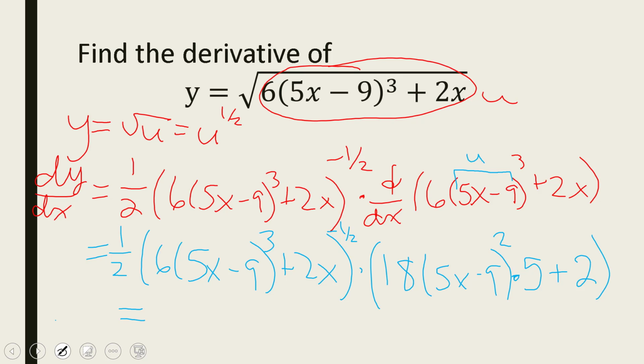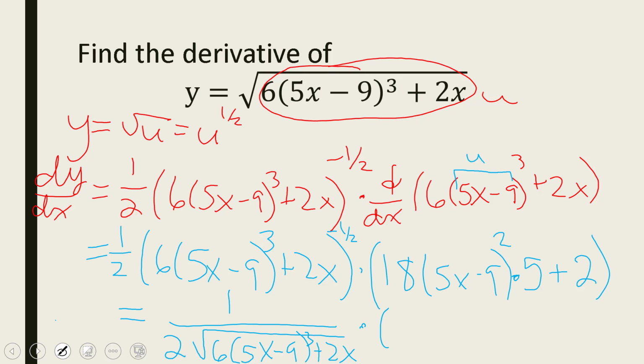All right, so we're going to have 1 over 2 times the square root of all of that, 6 times 5x minus 9 cubed plus 2x, times all of that, times, 5 times 18, that should be 90, I believe, 5x minus 9 squared, plus 2.